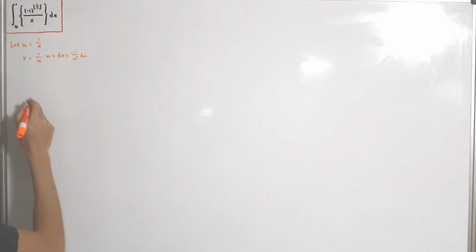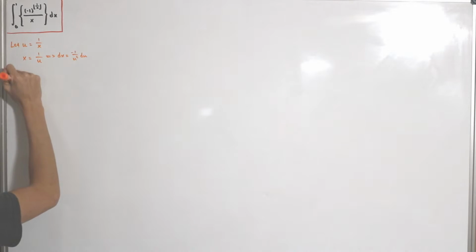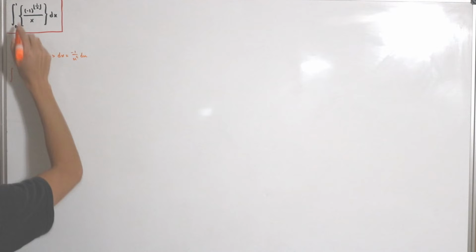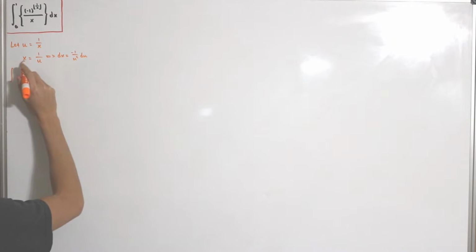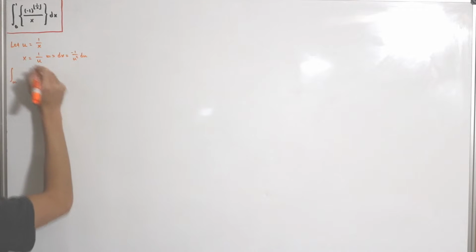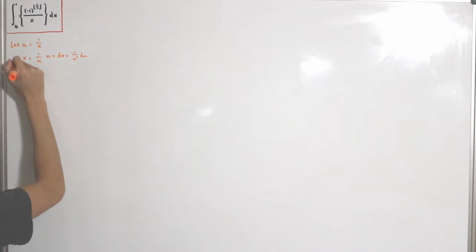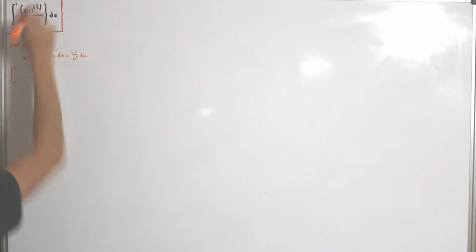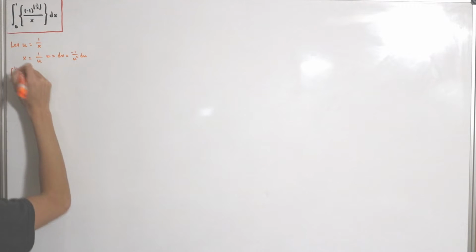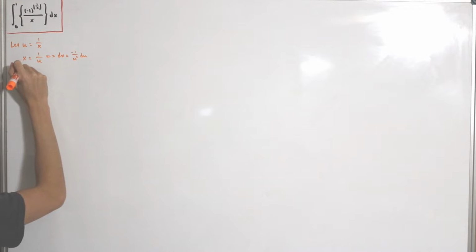Okay, so now that we have that, we rewrite our new integral. We have to change our bounds. When x is equal to 0, u approaches infinity, and when x is equal to 1, u equals 1. Then we plug in the inside of our fractional part.